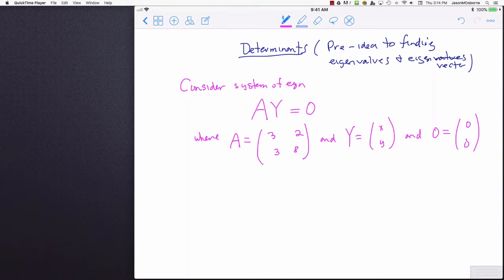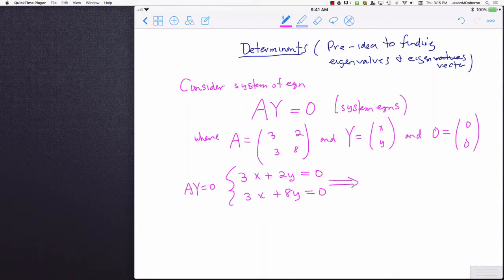If you're looking at this system of equations in matrix form, you can also expand it to be 3x plus 2y equal to 0 and 3x plus 8y equal to 0. Now consider solving this system.